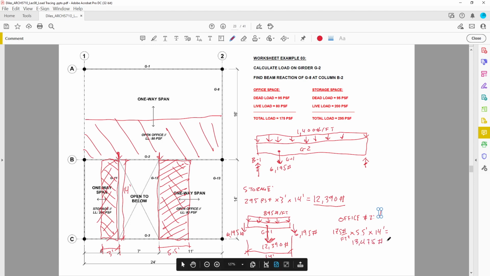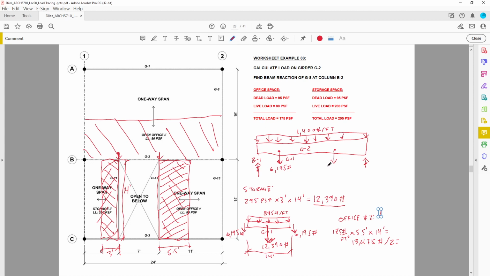And then we want to divide that by 2 to figure out what is half of that, because that is going to be distributed here onto G2, right? So let's just draw that point load, and let's divide 13,475 by 2.